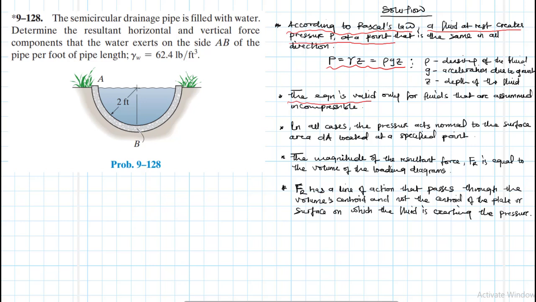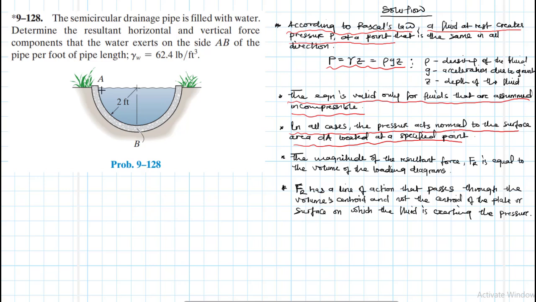This equation is valid only for fluids that are assumed to be incompressible. Like in our case here, this liquid water is being assumed as an incompressible fluid. In all cases, the pressure acts normal to the surface area dA located at a specified point.